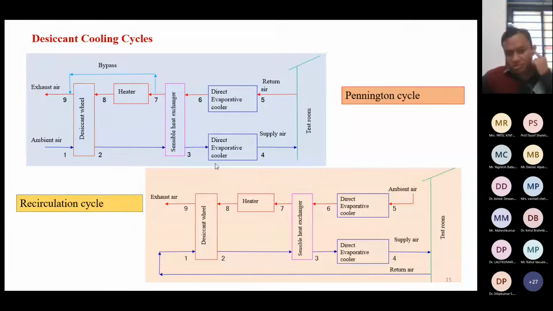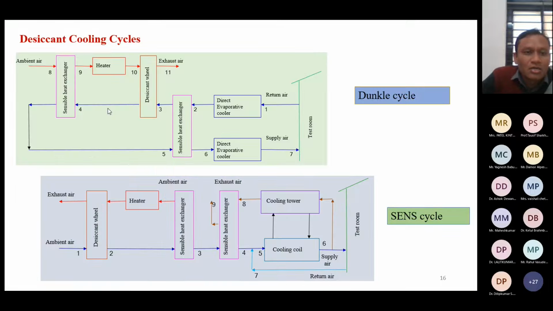So, as the sir has discussed what the desiccant systems, desiccant materials, and its applications are. From the chronological development of the cycles, there is the Pennington cycle, recirculation cycle, Dunkel cycle, direct and indirect cycles, and the sensible evaporative cooling type hybrid desiccant cooling systems.